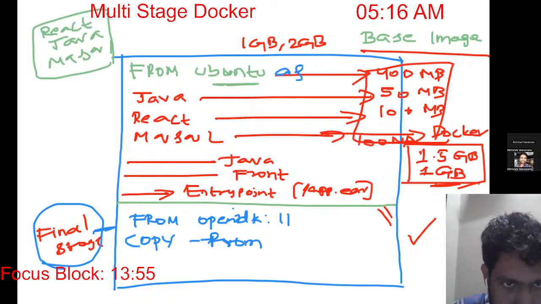From here we can say from Ubuntu as build. So from Ubuntu as build, you create an alias for it.